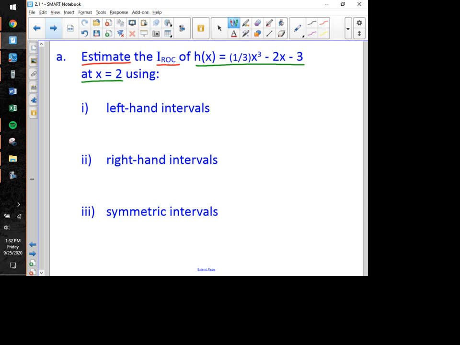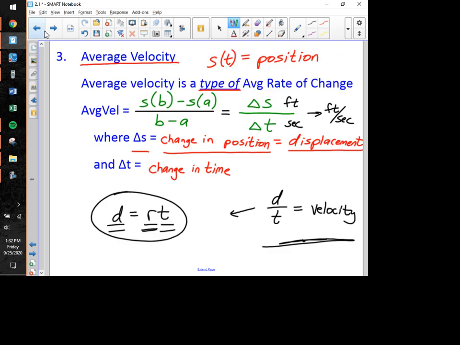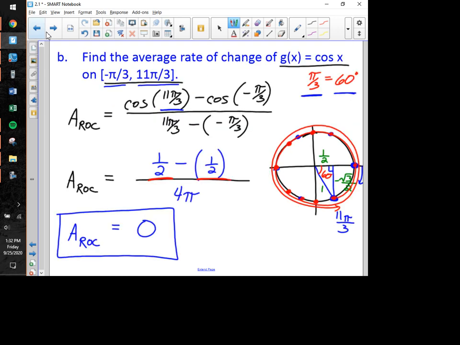Now, I do want to draw a distinction, everybody, between the difference here in the phrasing of this question as opposed to something that we did earlier, which was one like this. In this example, we were asked to find an average rate of change. But notice here, guys, there were 2 x values that were given to you, negative pi over 3 and 11 pi over 3.